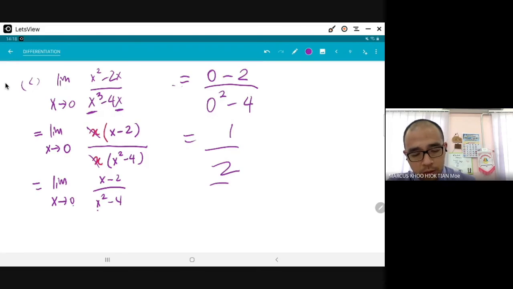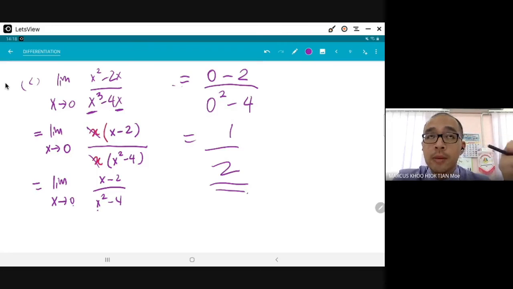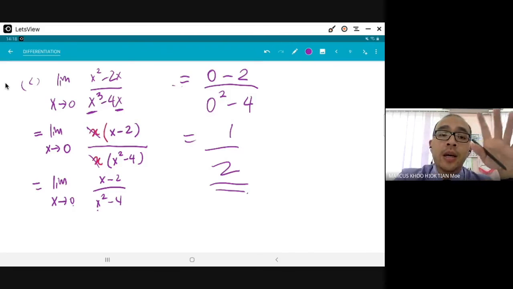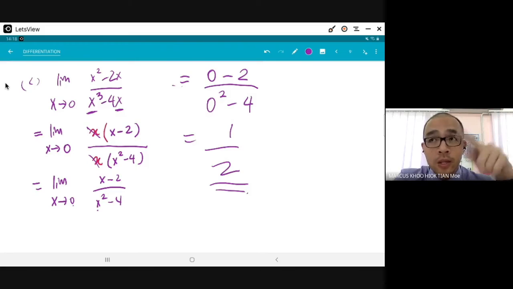So sometimes, even though the equation may have a division, you can substitute in and it won't give you a divide by 0. That is what's important, as long as the bottom is not equal to zero. Is it okay if the top is zero? No problem. But the bottom cannot be equal to zero. So when the bottom is equal to zero, then you need to change. So in this case, they factorized it.